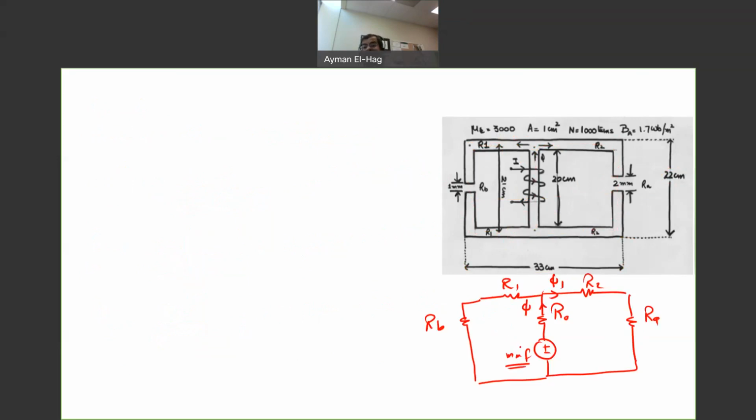Now we will apply the current dividing rule. So this flux phi 1 is equal to the main flux phi times the reluctance of the other branch, which is reluctance B plus reluctance 1, divided by the summation of these two parallel branches, RB plus R1 plus RA plus R2.